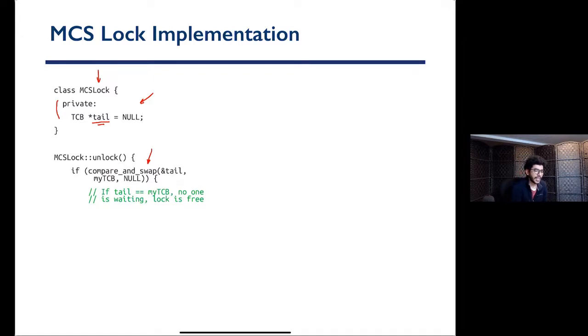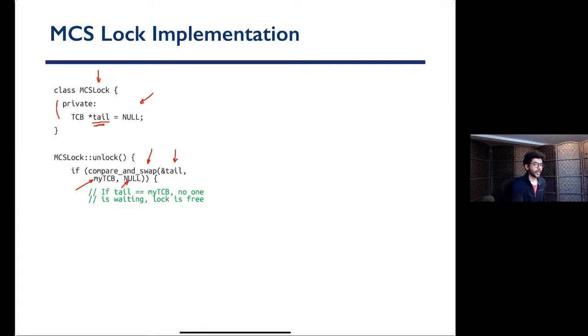It's getting an address in memory, which is this tail. This is the tail, the end of the list of waiting threads. It's going to get my TCB, and it's going to get null. So if you remember, compare and swap was getting an address and 2 registers. So what's going to happen is, in this function, atomically, I check the tail with my TCB.